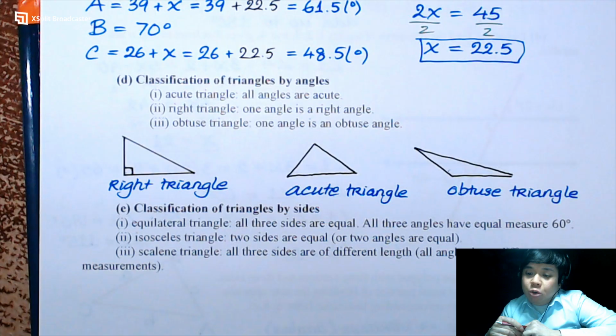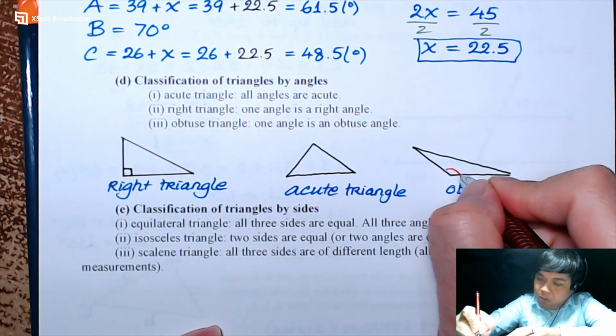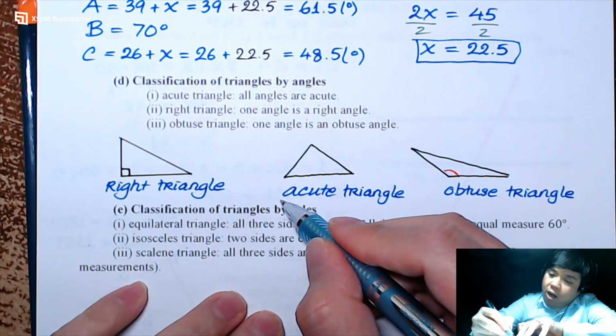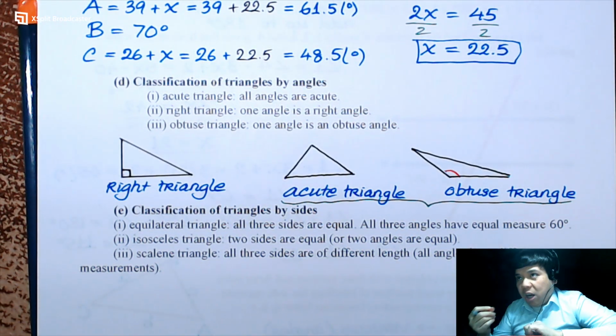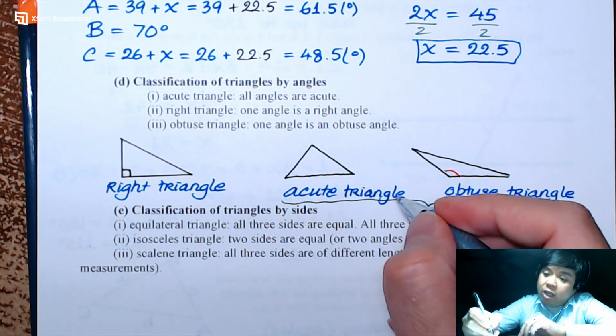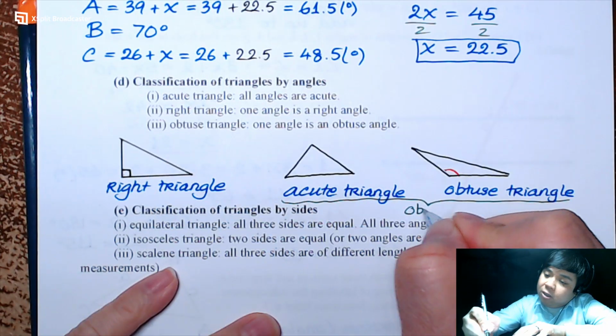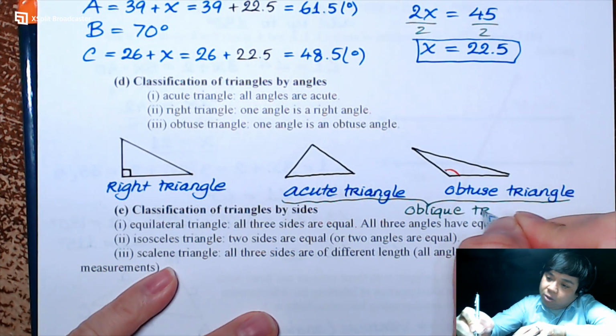Acute triangle, obtuse triangle, where there's an obtuse angle. And both of these, acute or obtuse triangles, we call not a right triangle. And there's a name for it. A not-right triangle is called an oblique triangle.